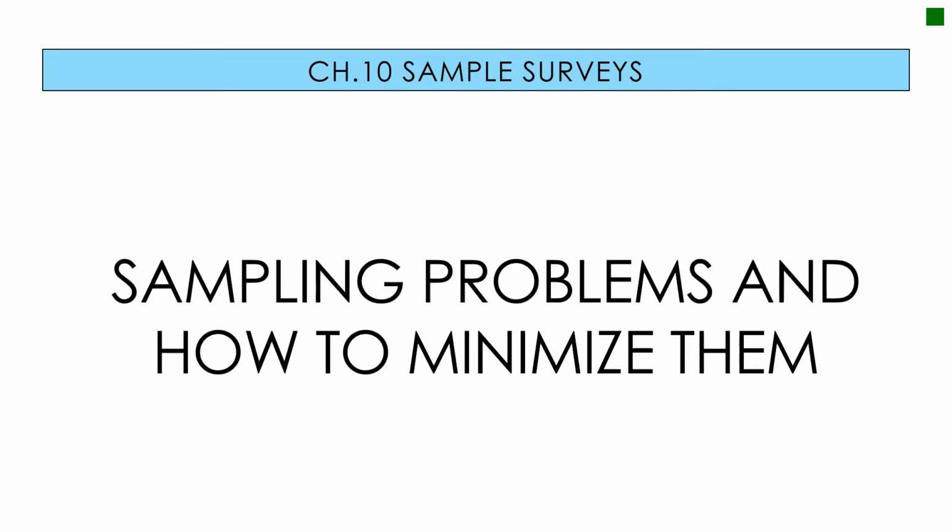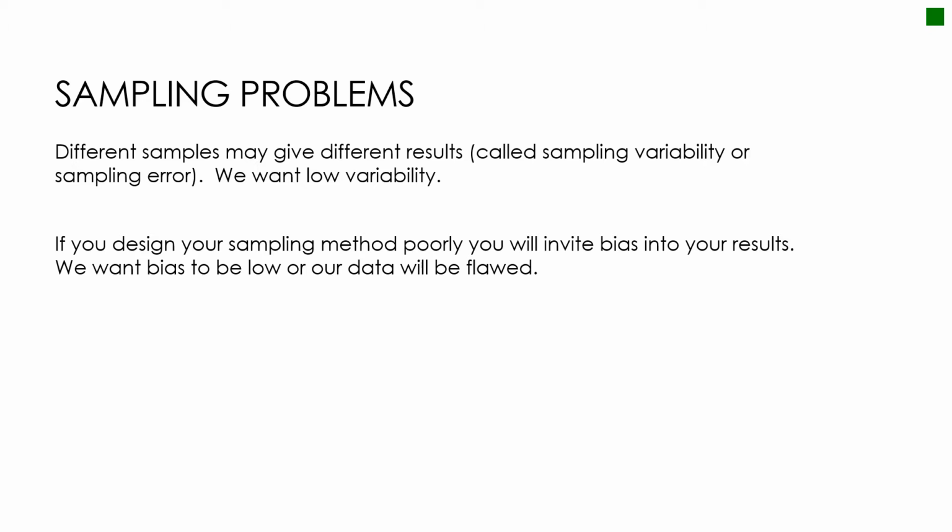Now that we are familiar with sampling techniques, let's take a look at some of the sampling problems we may come across and how to minimize them. First of all, it's important to understand that different samples might give different results, which is completely normal.